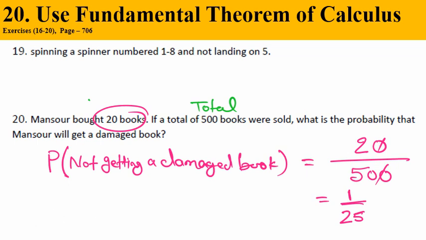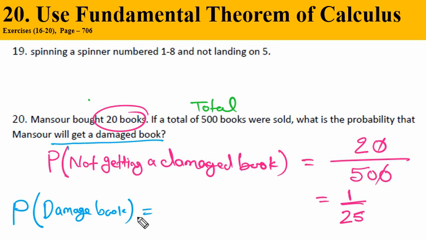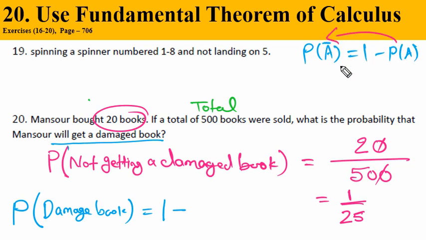Now what do we have to find? We have to find will get a damaged book. So probability of getting a damaged book is what? 1 minus not getting a damaged book. So it works both ways, okay? I told you probability of A bar is 1 minus P of A. So mathematically, P of A is equal to 1 minus P of A bar.